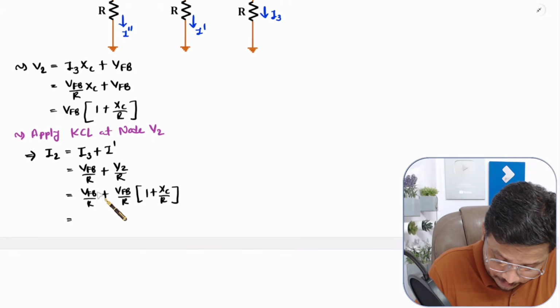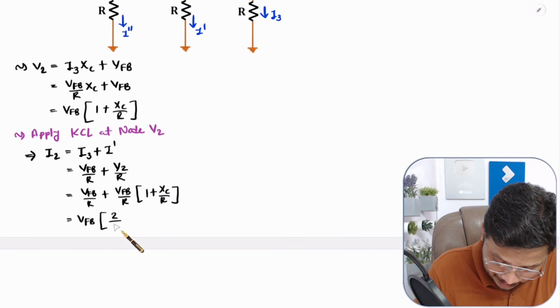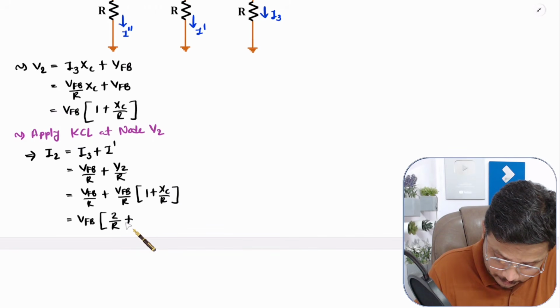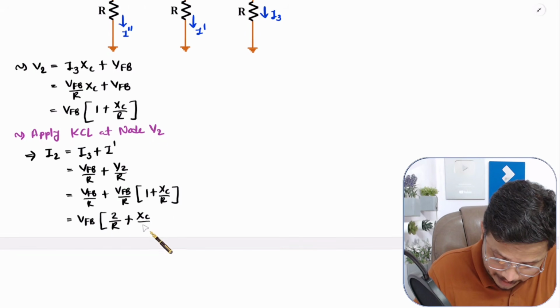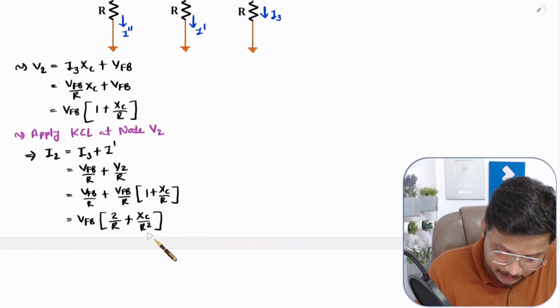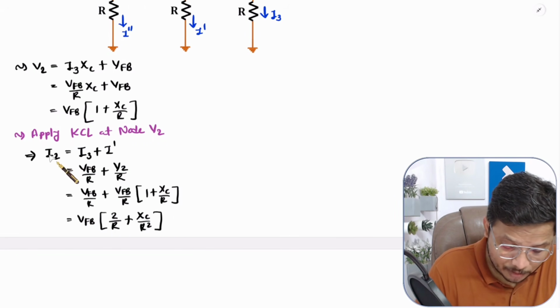Now let us simplify this equation further. Let us take VFB common. Now we have 1 by R and 1 by R, which means 2 by R, plus here we have XC divided by R square. So now we have the I2 value.